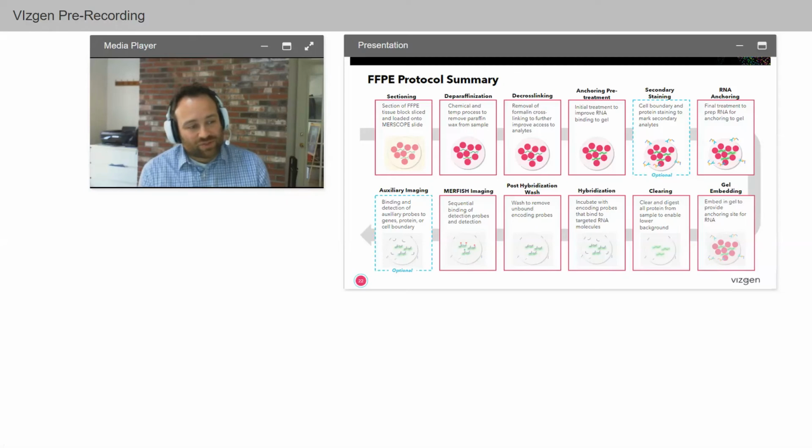An optional step here is our auxiliary imaging. Here we can do further detection of, say, our cell boundary stain or our protein staining. This happens outside of MERFISH imaging, but still provides flexibility to potentially detect those proteins or detect highly abundant genes.